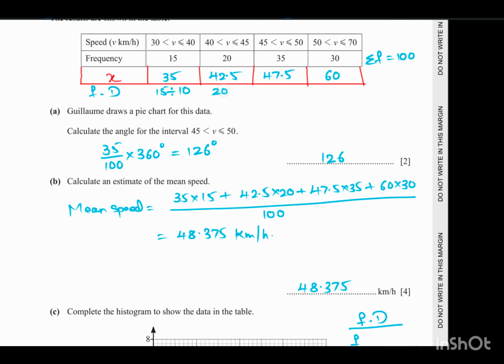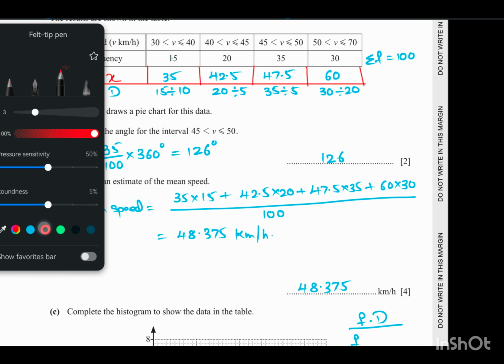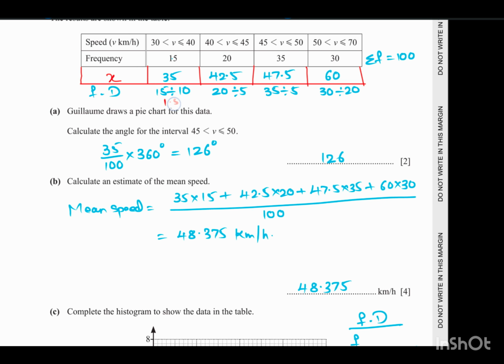Here it is 20 divided by 5 because the class size is 5 here. And here it is 35 divided by 5 because the class size is 5. And here it is 30 divided by 20. So the answers will be 1.5, here it will be 4, here it is 7, and here it is 1.5 again because 30 divided by 20.